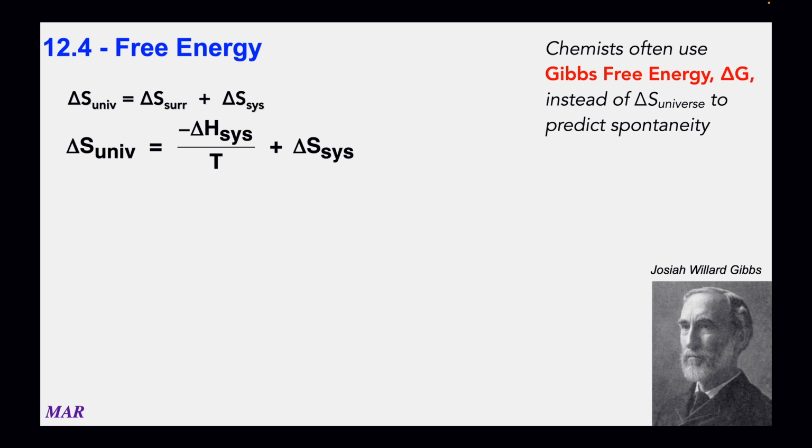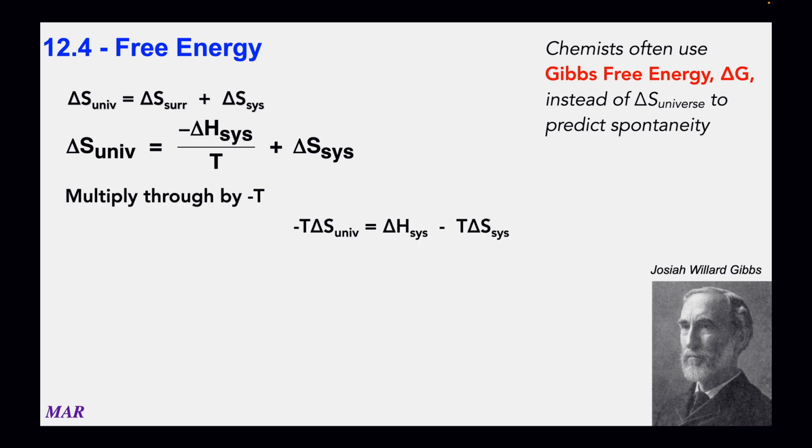Now, delta S of the universe equals delta S of surroundings plus delta S of system. But we also saw how delta S of the surroundings equals minus delta H of the system over the temperature. And delta H is what chemists use so much. So what Gibbs did is he substituted in delta S of the surroundings equals minus delta H over T, and then he messed around with the system a little bit.